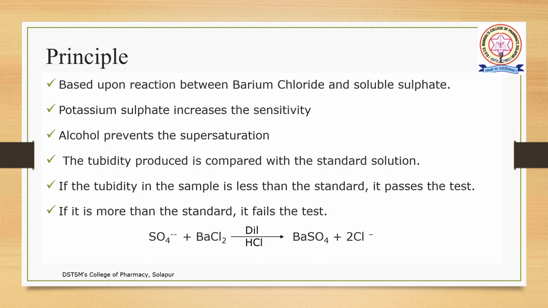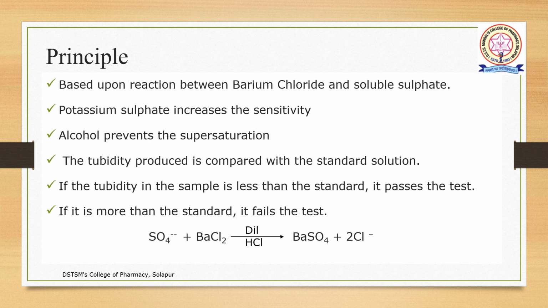Now, it involves the principle that the sulfate impurity which is present in the test as well as in the standard will react with the barium chloride present in the barium sulfate reagent, and it forms barium sulfate.